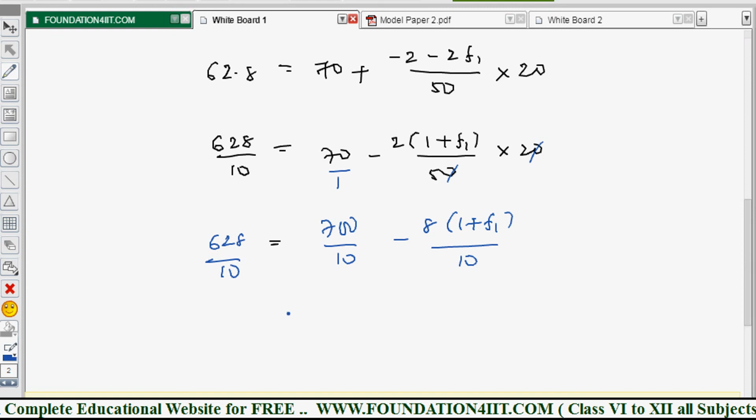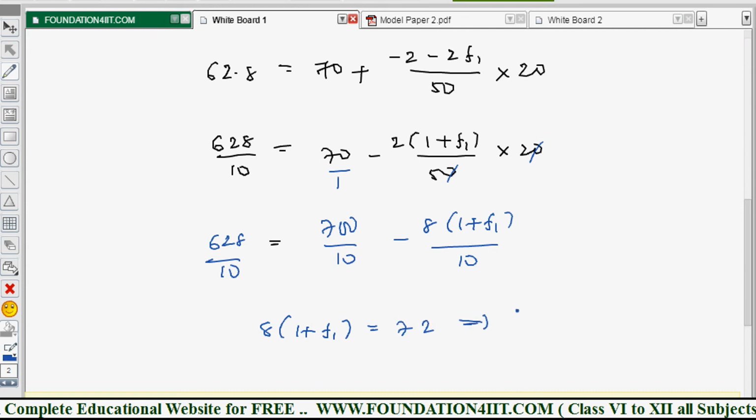Then to simplify this more, you can take the 10 common, because this side is 10, so I took 10 as the LCM. Then if you take 10 common and cancel, 8 into 1 plus F1 is equal to 700 minus 628, which is 72.